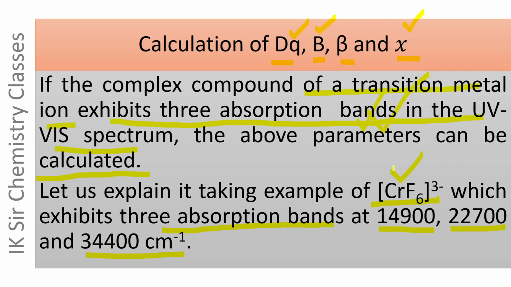This complex compound exhibits three absorption bands in the UV-visible spectrum, and with the help of the positions of these absorption bands, we can calculate Dq, B and x, and on the basis of this data we can calculate beta also.